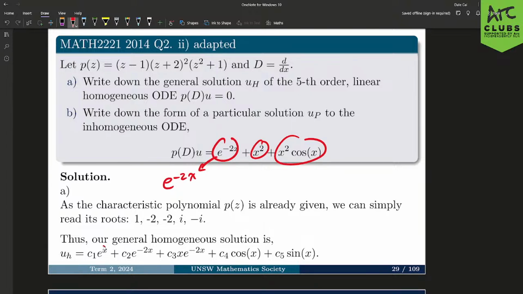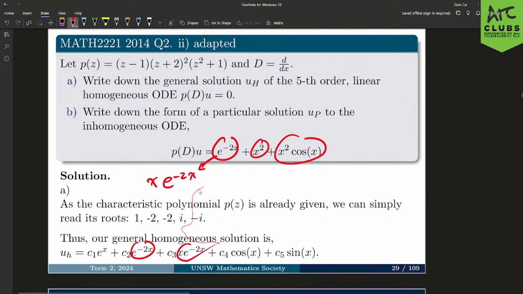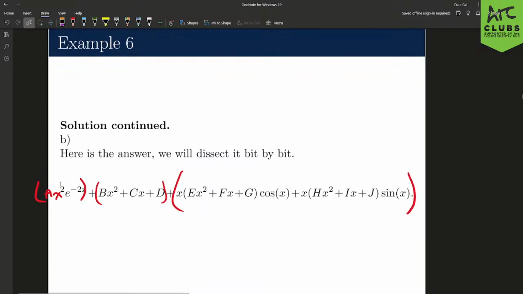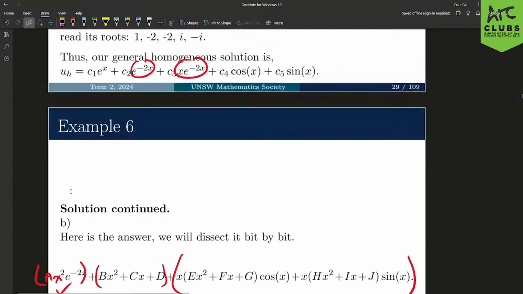But e to the minus 2x is taken, so we consider x e to the minus 2x. But that's also taken, so we guess x squared. That's where the first term comes from. It's a x squared e to the minus 2x. Okay, so we've dealt with that.